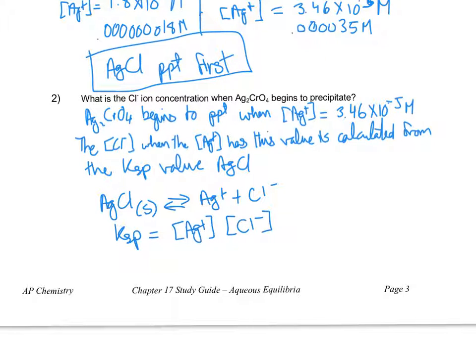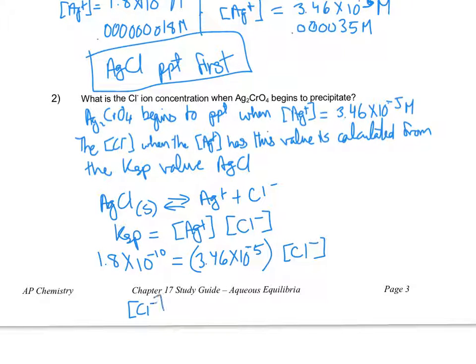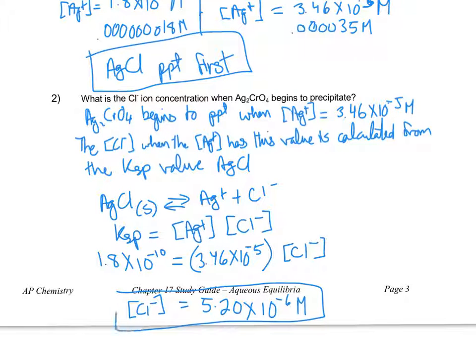And my value for the Ksp is 1.8 times 10 to the negative 10th. And so when the Ag+ is 3.46 times 10 to the negative fifth, we can calculate what the Cl- would be. In this case, the Cl- is going to be 5.20 times 10 to the negative 6 molar. And that's my answer right here.